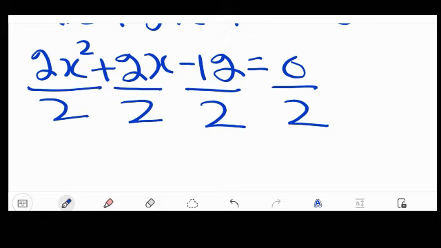In a quadratic, it is not necessary to make the coefficient of x square 1 or any other value. Remember, keep in mind that whenever you have to solve any quadratic equation by factorization method, it is not necessary that here it must be 1 or something else. It should not be 0 only.